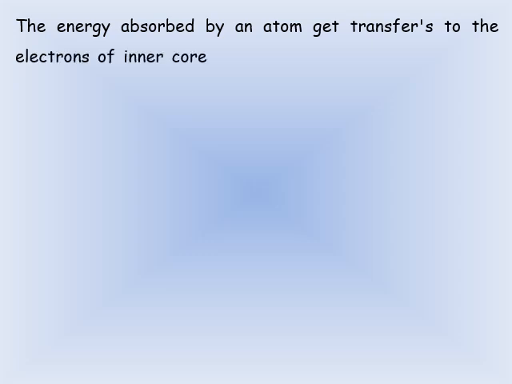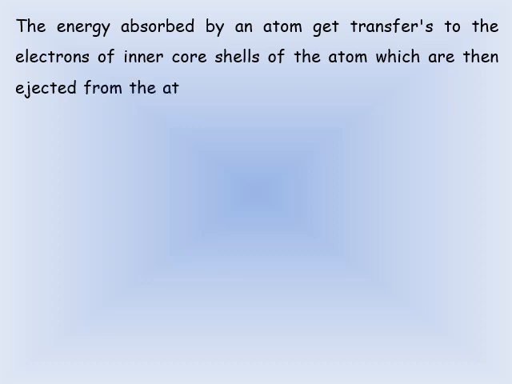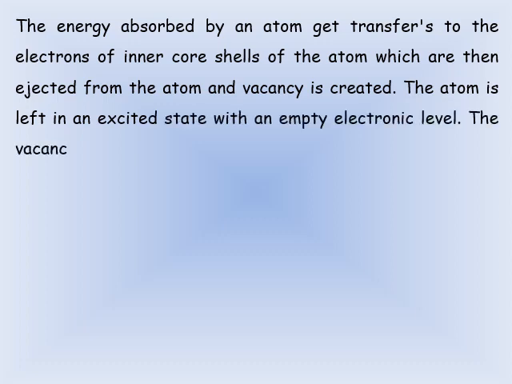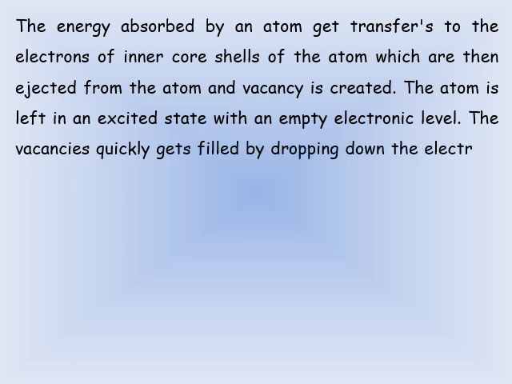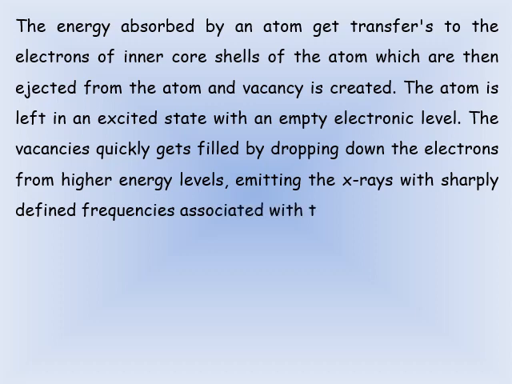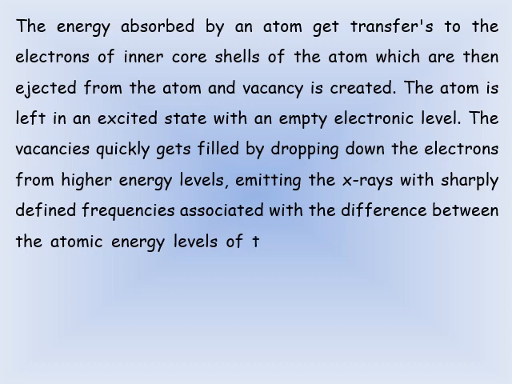The energy absorbed by an atom transfers to the electrons of the inner core shells of the atom, which are then ejected from the atom, and a vacancy is created. The atom is left in an excited state with an empty electronic level. The vacancies quickly get filled by electrons dropping down from higher energy levels, emitting X-rays with sharply defined frequencies associated with the difference between the atomic energy levels of the target atoms.